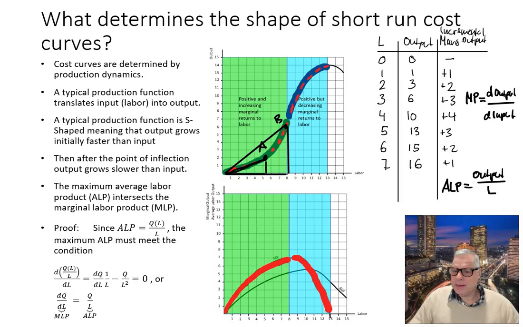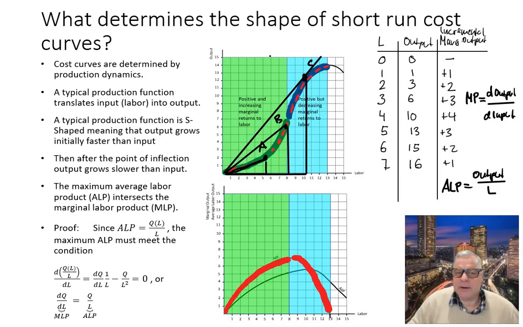But this point here, point B, is close to the maximum of the marginal product, but it's not the maximum average labor product, because the average labor product is maybe here in point C. Why? Well, in point C, this distance here is total output, and now total labor input is this distance. So now take a look at what happens with the slope.